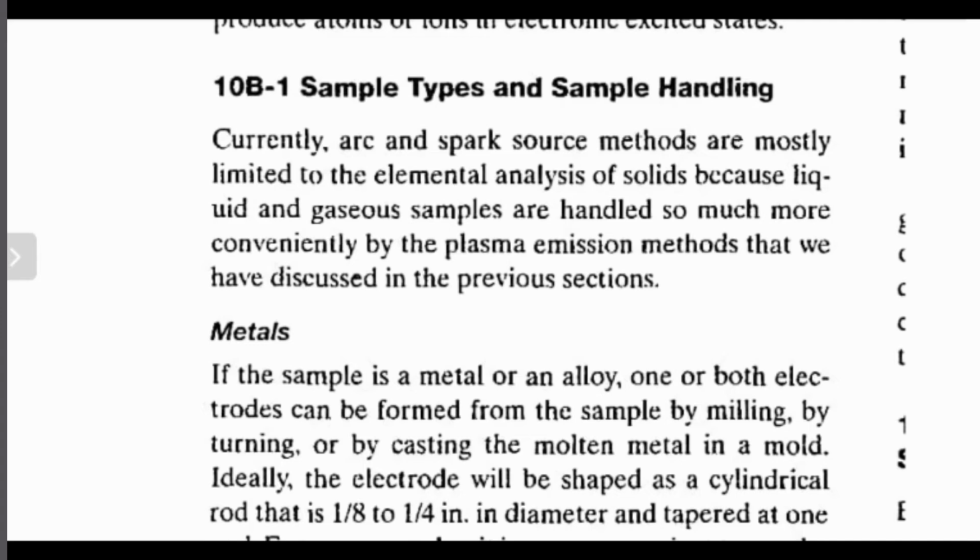For a particular sample we need to understand which method will give the better result. For metals as well as non-metals we will require a separate sampling or sample preparation method for this analysis. So this again comes out to be one limitation for these techniques.